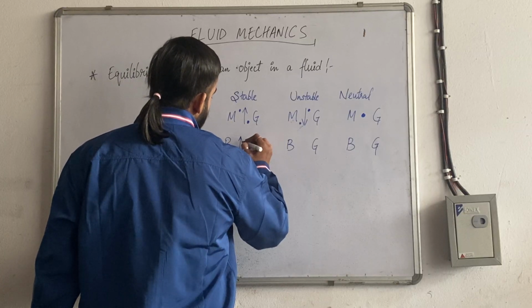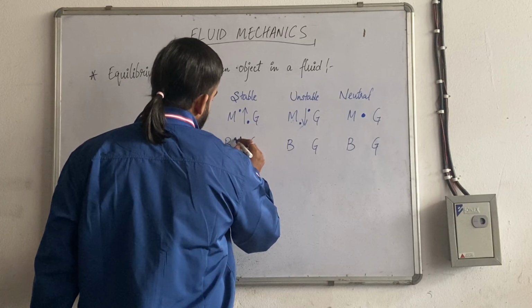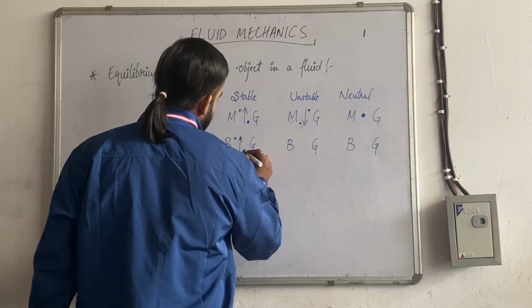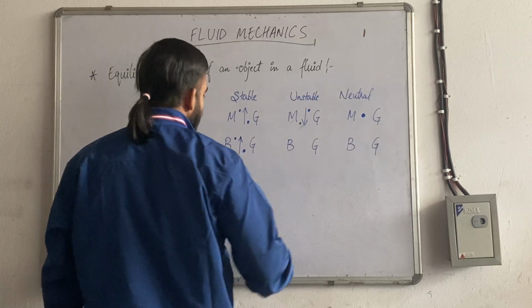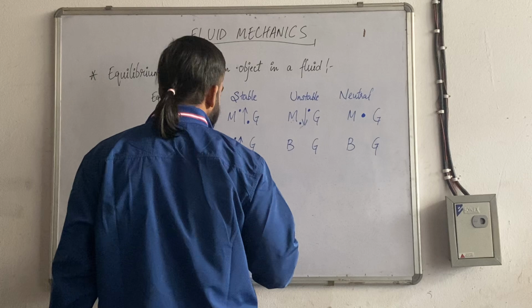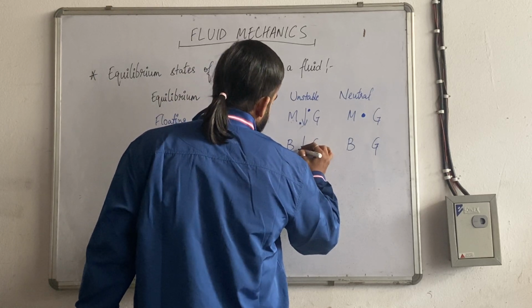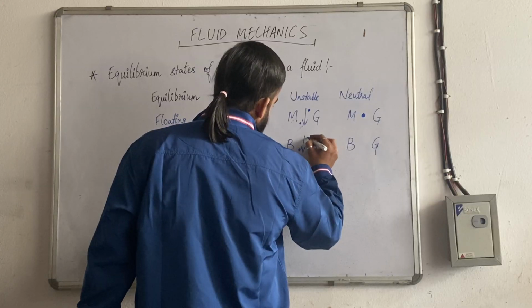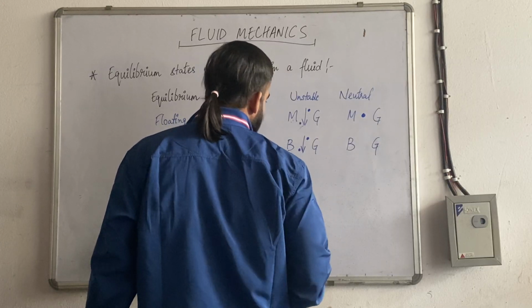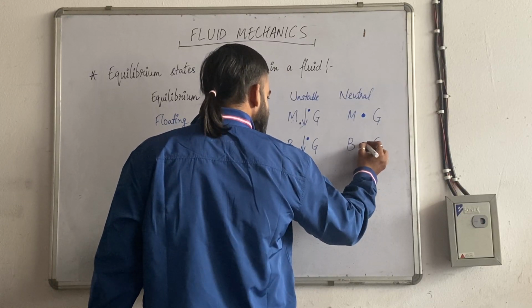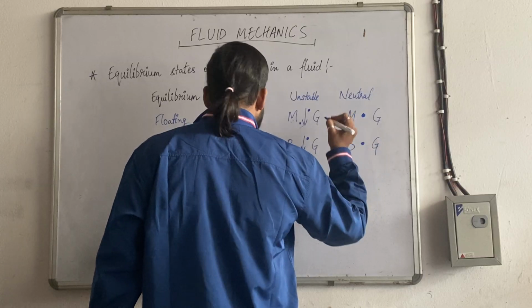Same goes with the submerged body. If center of buoyancy is above center of gravity, the body is in stable equilibrium. If B is below G, then unstable equilibrium, and if B and G coincide, then neutral equilibrium.